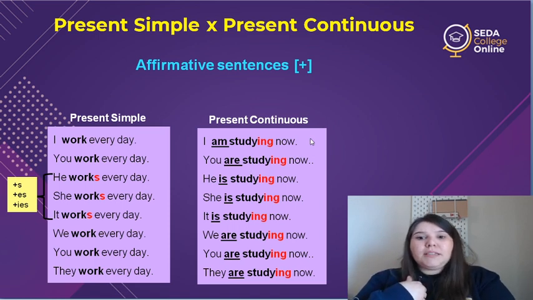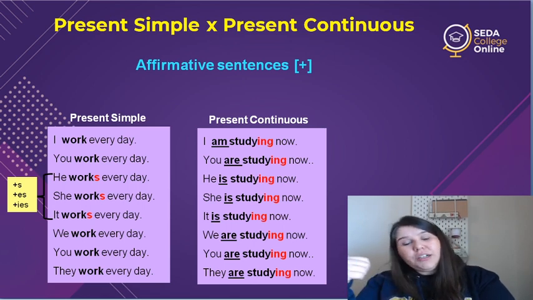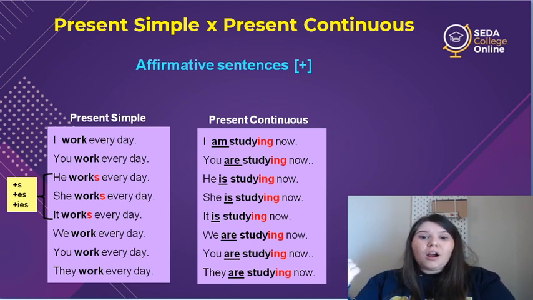I am studying now. You are studying now. He is studying now. She is studying now. It is studying now. We are studying now. You are studying now. They are studying now. So what is important there?